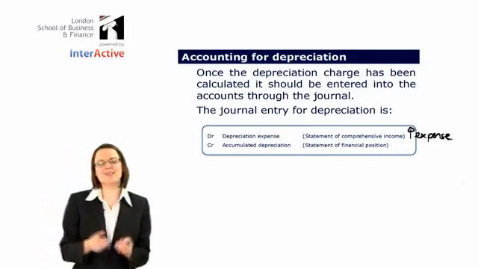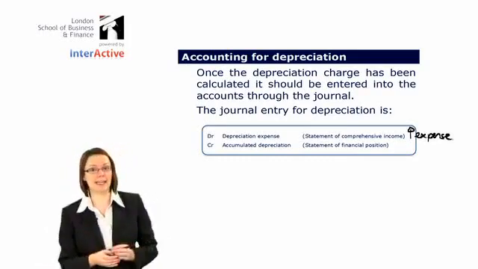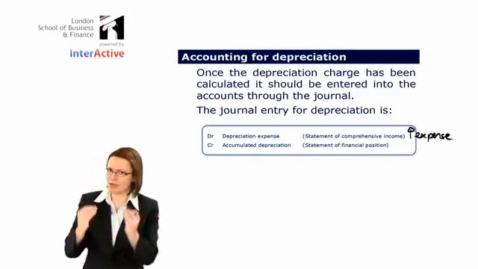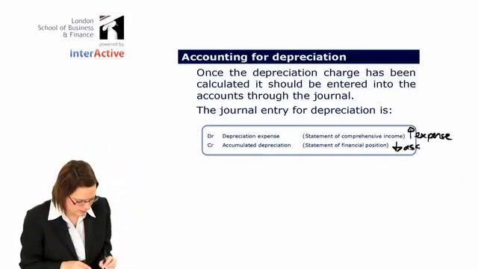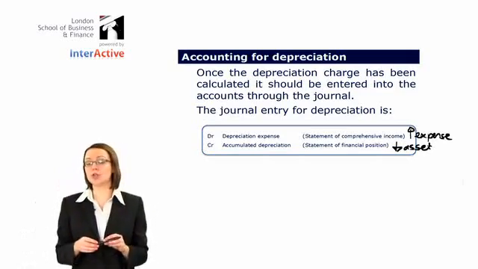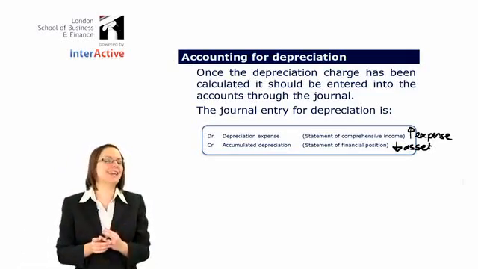It is not a liability. In essence, we don't owe anything to anyone. So what I like to think of it as is a reduction in the asset value. So credit an account called accumulated depreciation, and what that is going to do is reduce your asset cost in the statement of financial position.